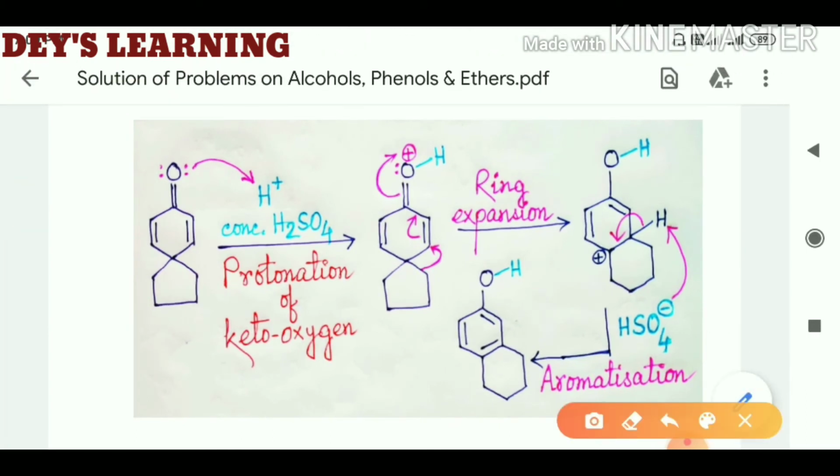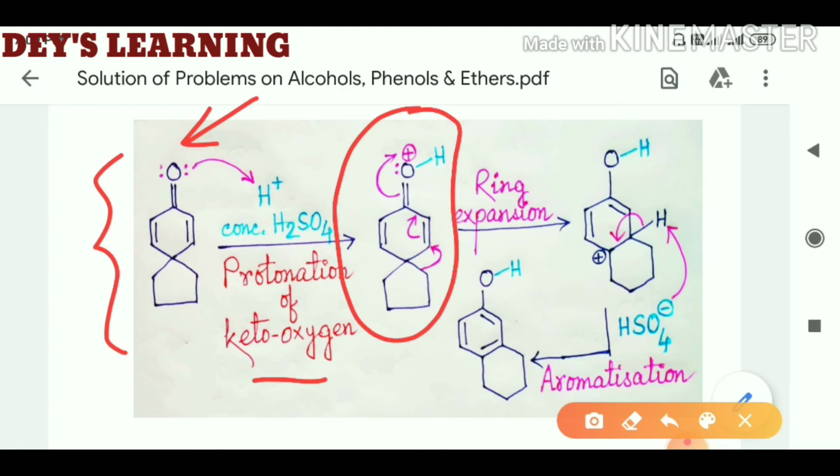Take a look here. In the first step, the oxygen atom will be protonated in the presence of concentrated sulfuric acid. There will be a lot of protons in the medium. So the keto oxygen will be protonated, and this is our protonated form.